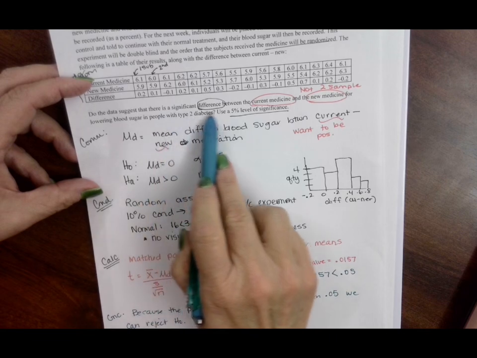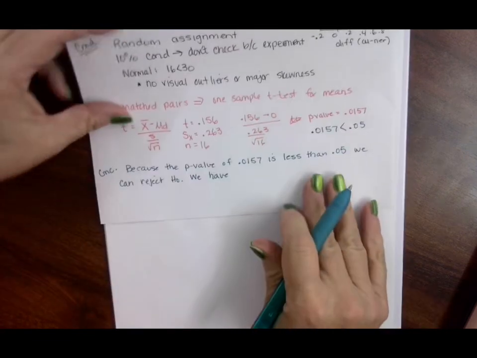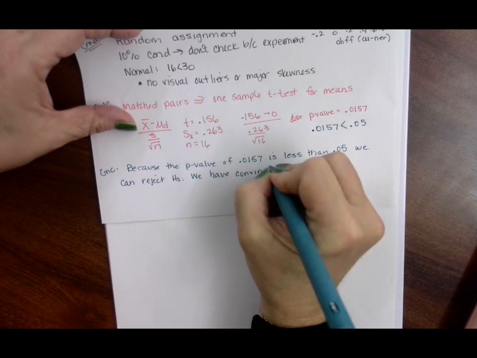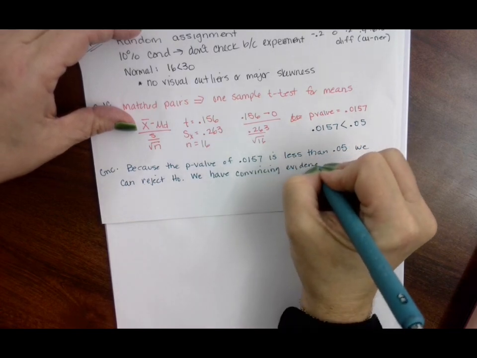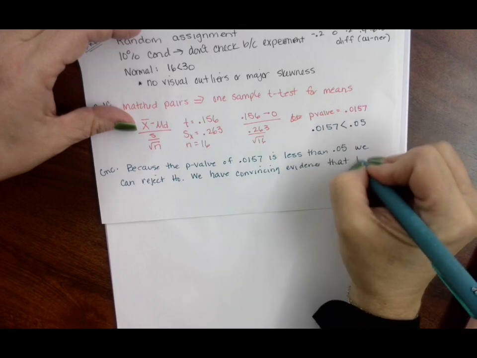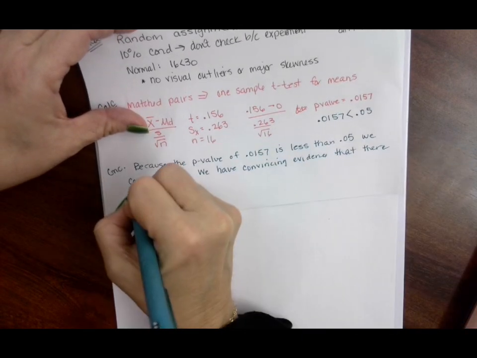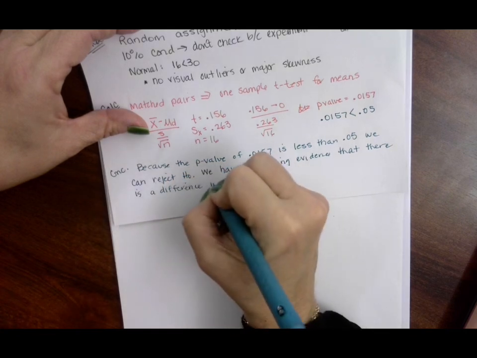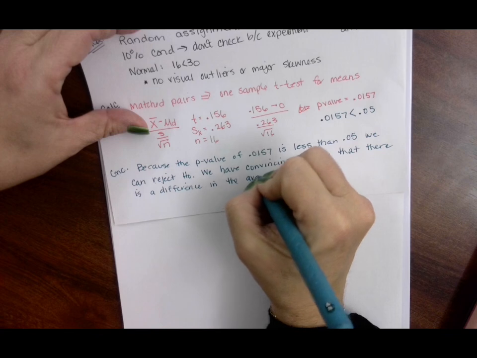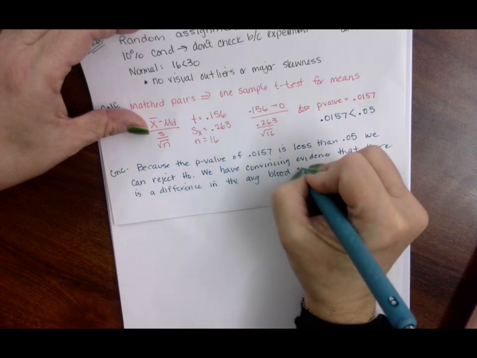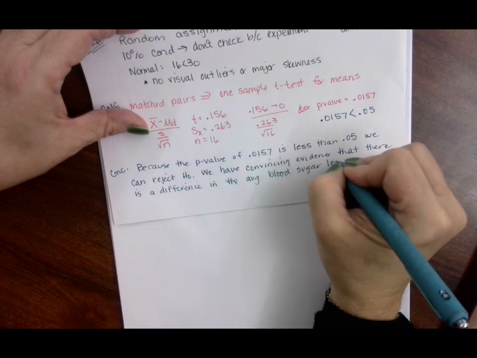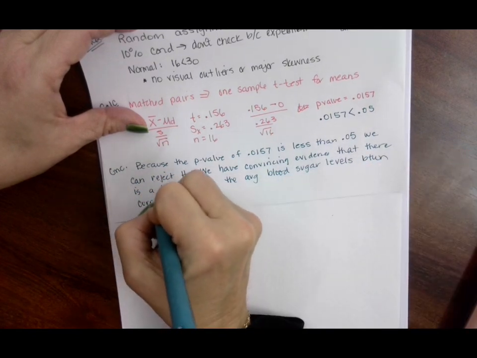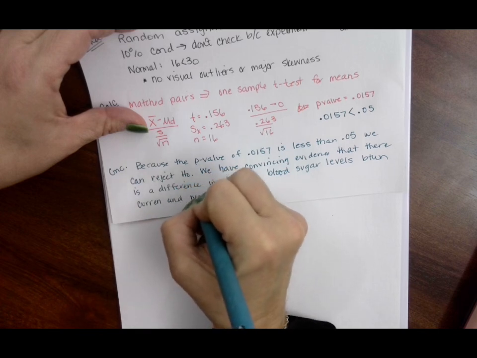Does the data suggest there's a difference between this? So does the data suggest we have convincing evidence that there is a difference in the average blood sugar levels between current and new medication.